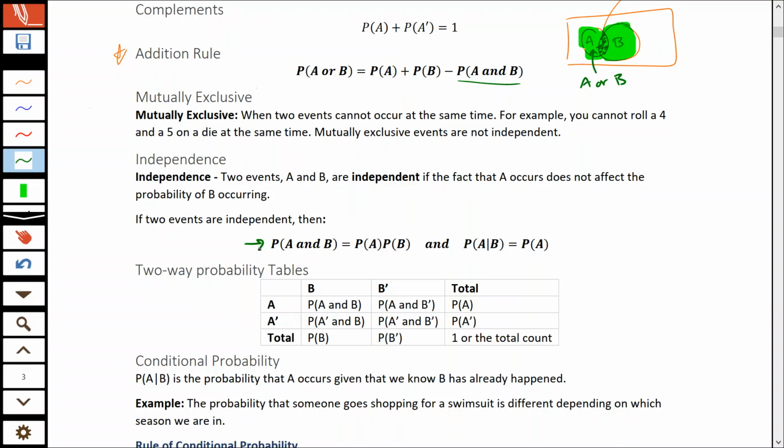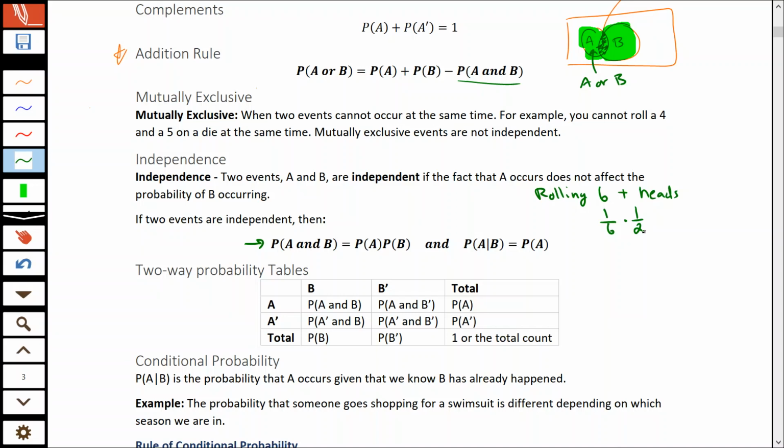So if we're talking about rolling a 6 on a dice and getting heads when we flip a coin, the probability of both of those things happening is going to be 1 out of 6 times 1/2. And I can just multiply those two things together because I know that rolling the dice and flipping a coin are going to be independent.